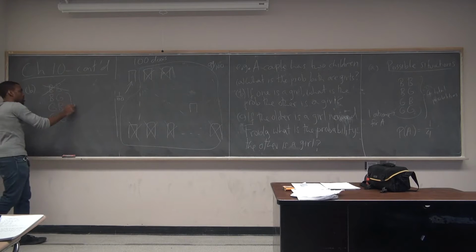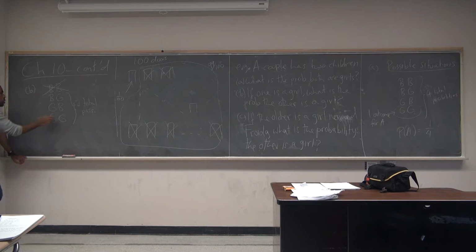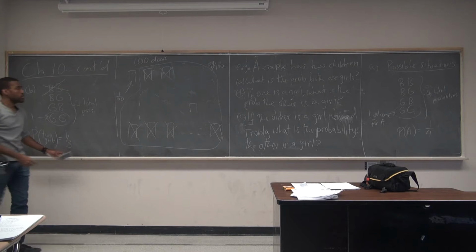So now there are actually 3 total possibilities, and you have 1 out of 3. So the probability in this case of 2 girls is actually 1 out of 3, completely different from the previous answer.